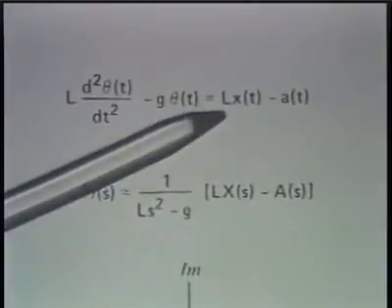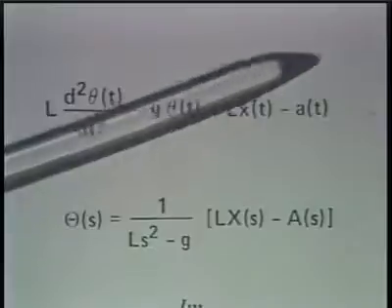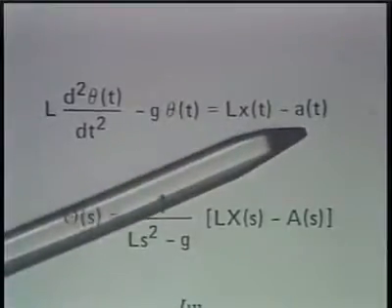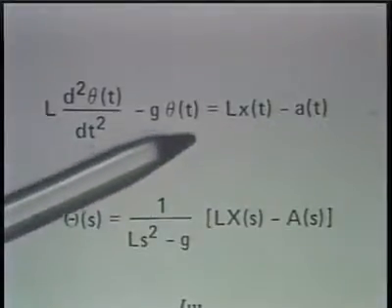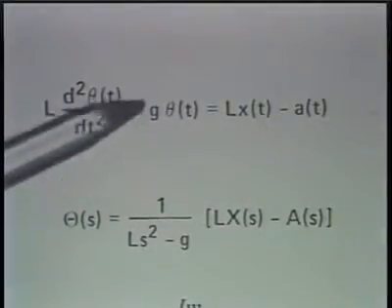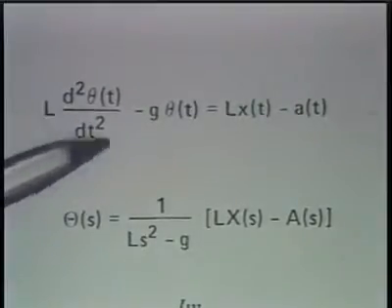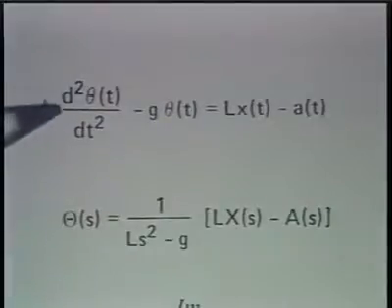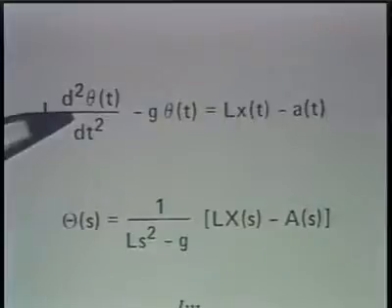And what we see on the right-hand side of the equation is the combined inputs due to the angular acceleration of the rod and the acceleration of the cart. And on the left-hand side of the equation, we have the other forces due to the change in the angle. So this is then the differential equation associated with the open loop system, the basic dynamics of the system.